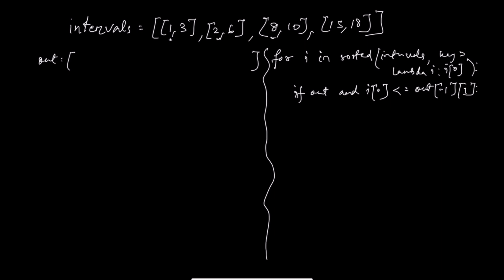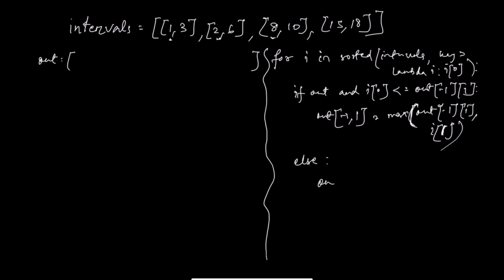If it is so, in our output's last element we will keep the max of our output's last element or whatever we are iterating presently, its last element, the position at the one index. And if not, we would append our i into the output array, and then we would return our output.